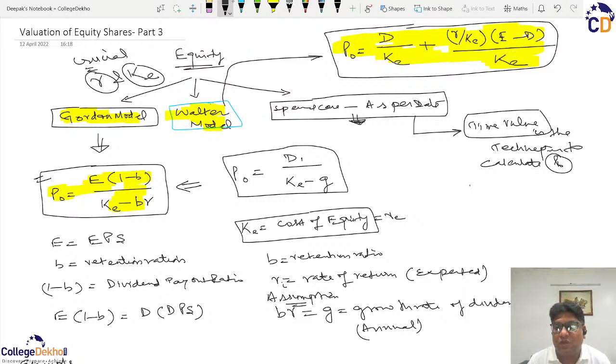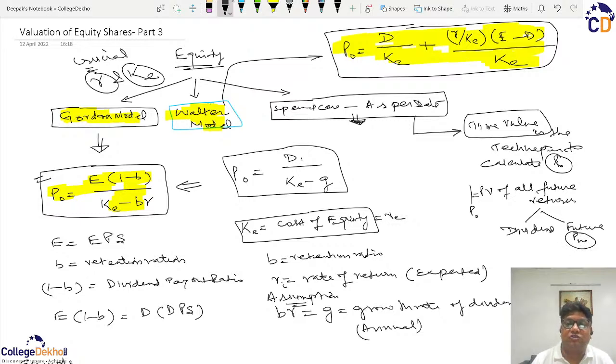Because we presume that P0 is the present value of all future returns, whether they are dividends or whether they are the future market price, that is PM.